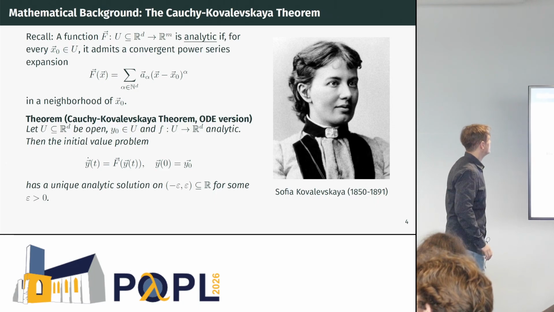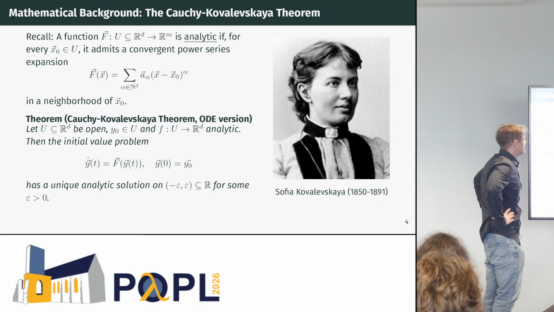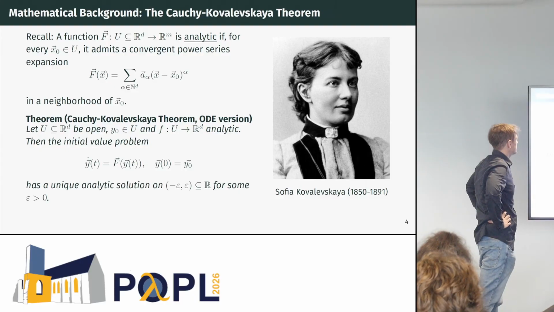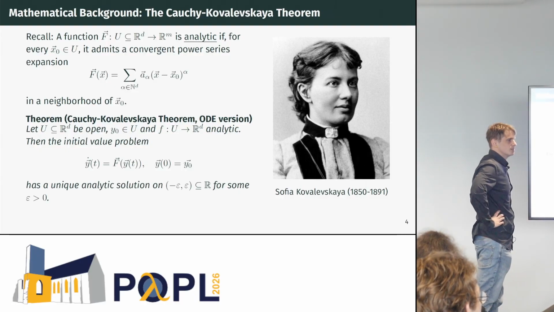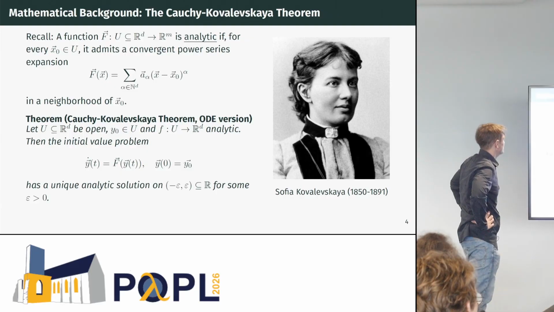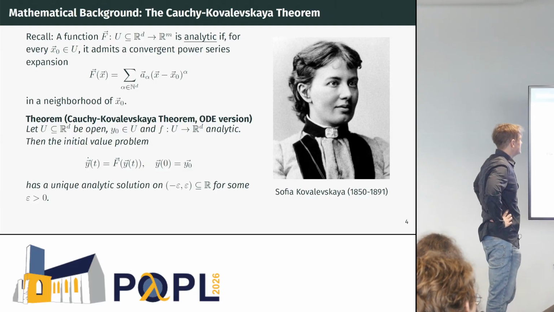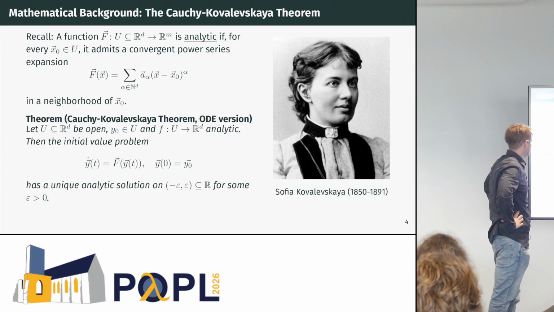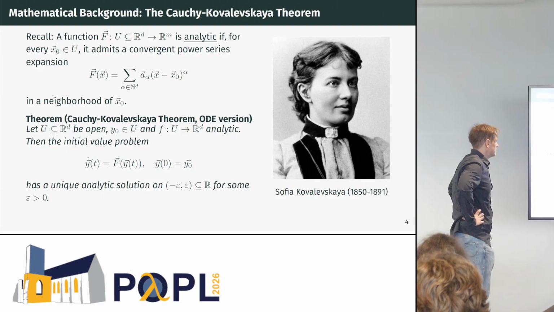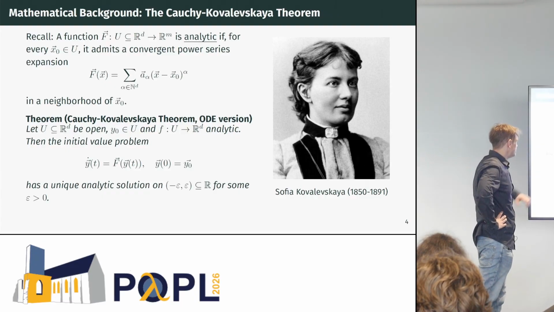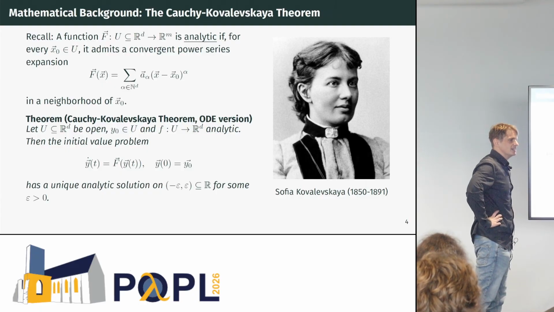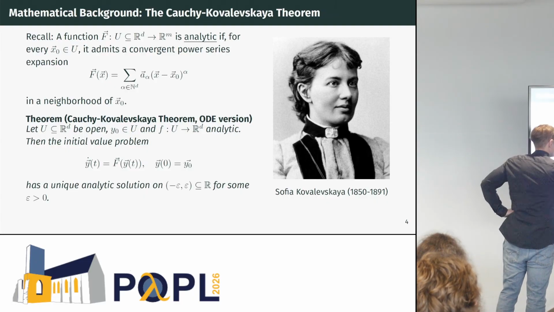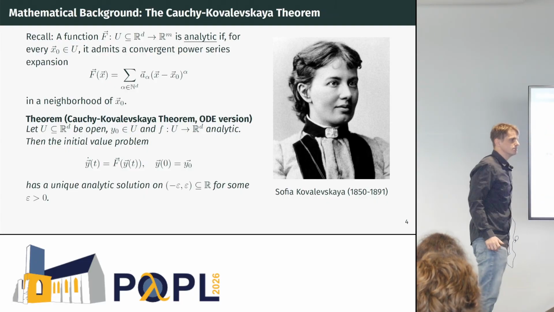Here we are looking at multivariate analytic functions, given locally by their convergent power series expansion, so by their Taylor series, in a neighborhood of the points in the domain. The theorem says that if a function is analytic in a neighborhood of the initial value, then the solution will again be analytic on some small interval around 0.